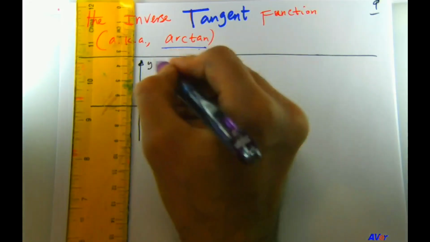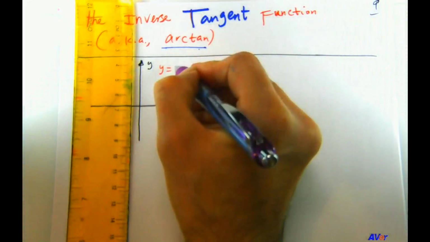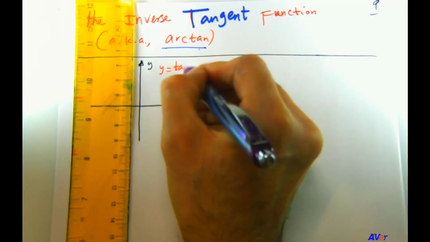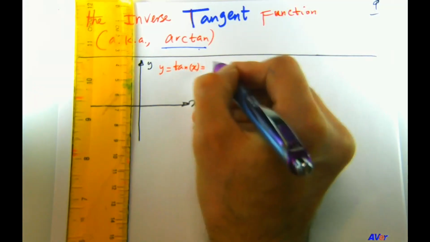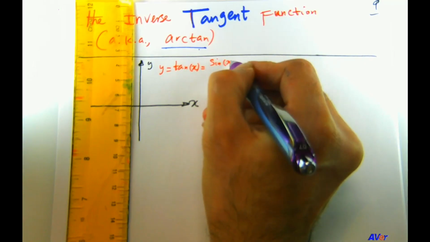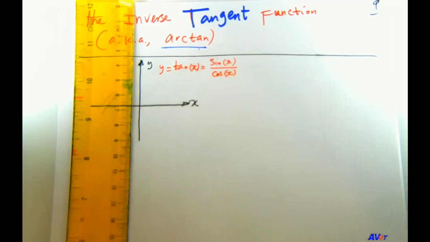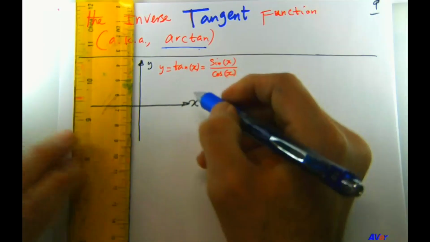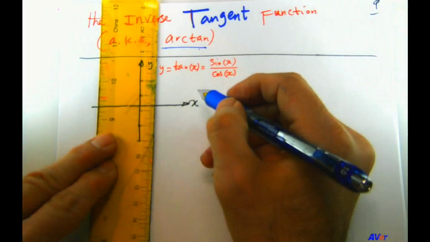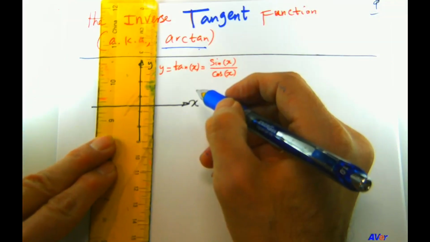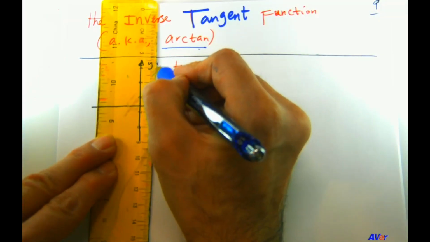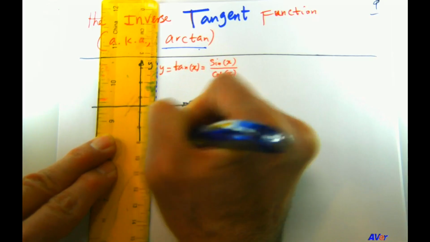And we have y equals tangent of x, which is equal to sine of x divided by cosine of x, and of course, this would be between pi over 2 and negative pi over 2.